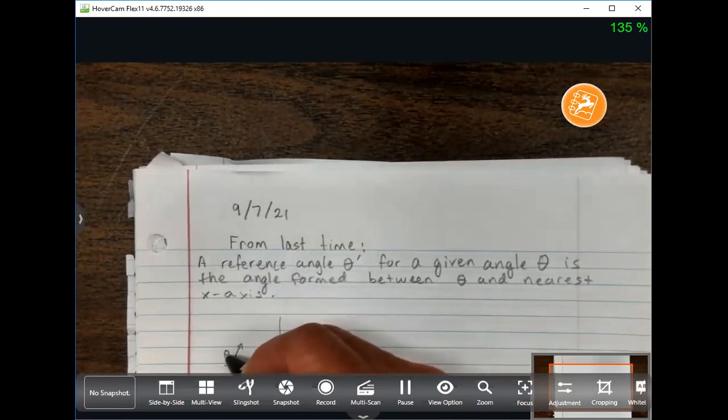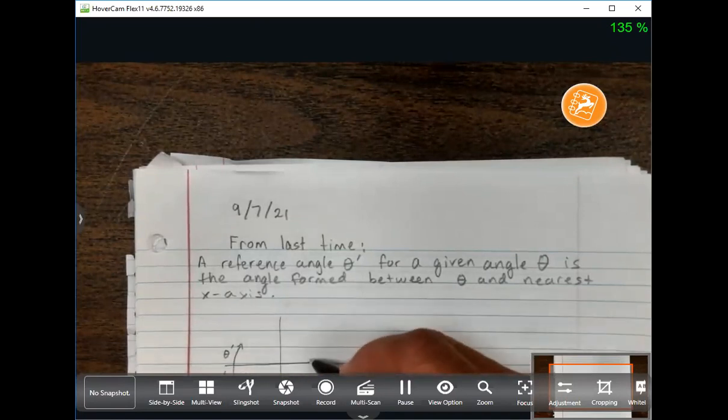And so if we find theta prime this way, or that way, or that way, depending on where your reference angle is.